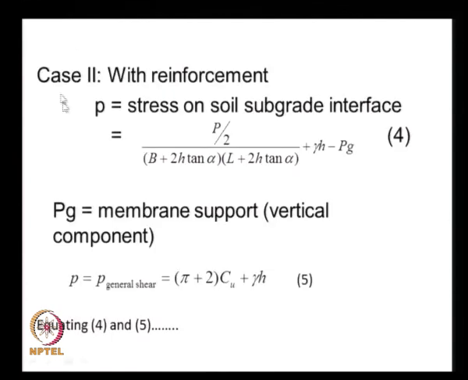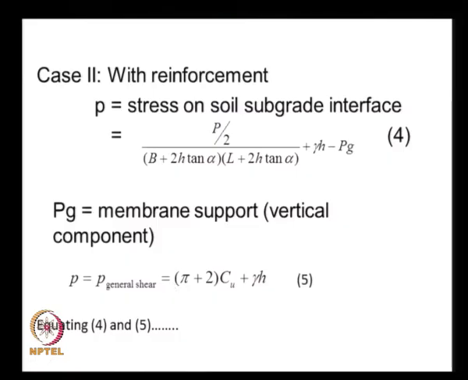And case 2 is with the reinforcement, and here the pressure that is transferred into the subgrade soil is P by 2 by B plus 2 h tan alpha times L plus 2 h tan alpha, plus gamma h, minus Pg, that is the membrane support that is given by the reinforcement. This is the vertical component, and here we now assume a general shear failure.